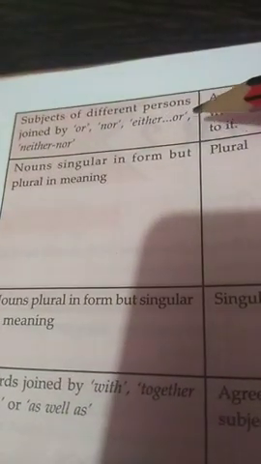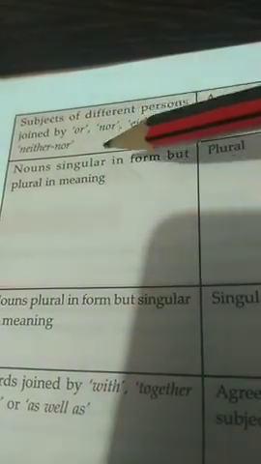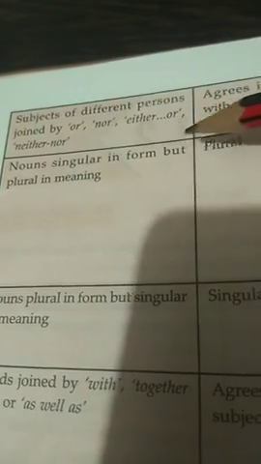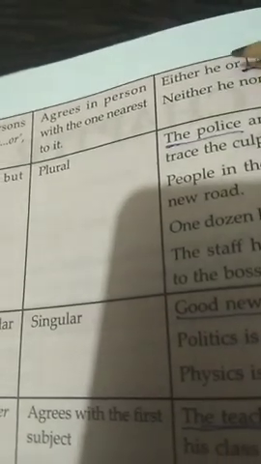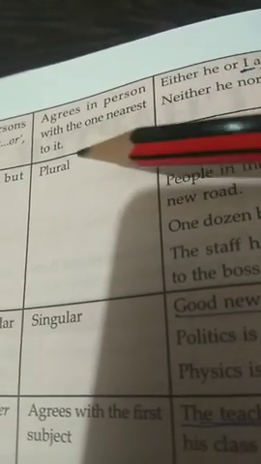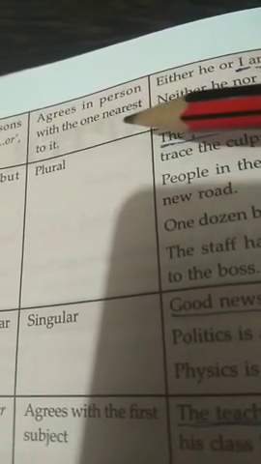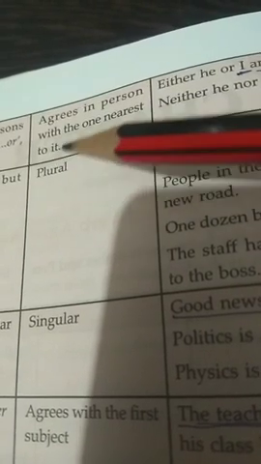So now we'll do rule number 9. See rule number 9. Subjects of different persons joined by or, nor, either or, neither nor, agree in person with the nearest one to it.